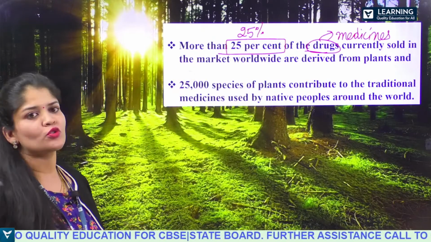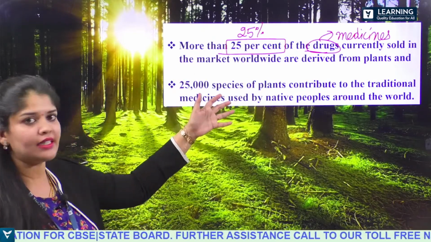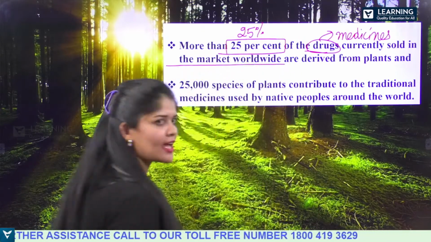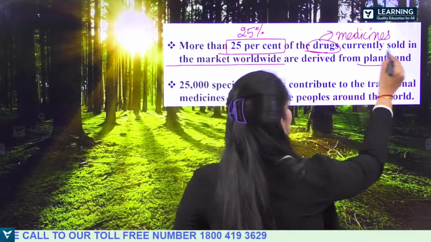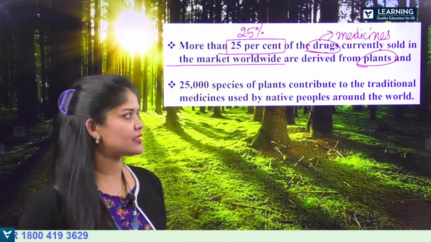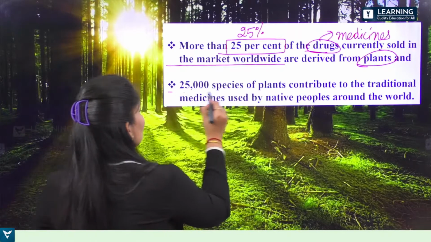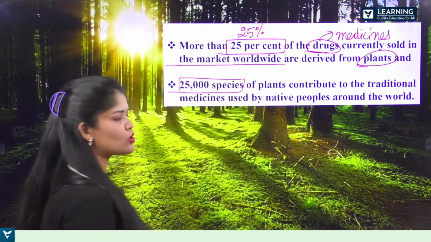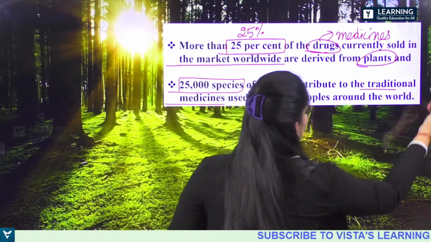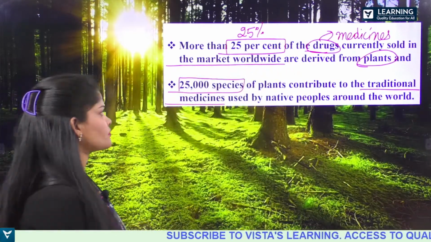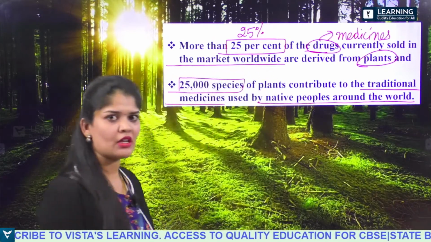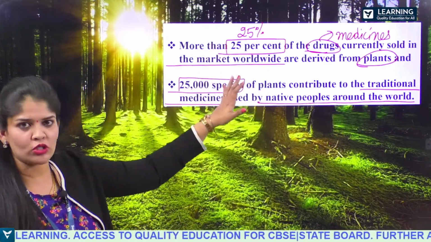More than 25% of all the medicines currently sold in our market worldwide are derived from plants. That means medicinally important plants. And 25 species of plants contribute to the traditional medicines like Ayurveda, traditional medicines used by native people around the world. So this is the importance we can understand.